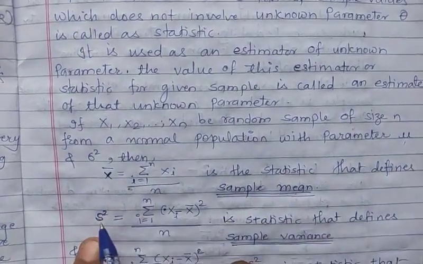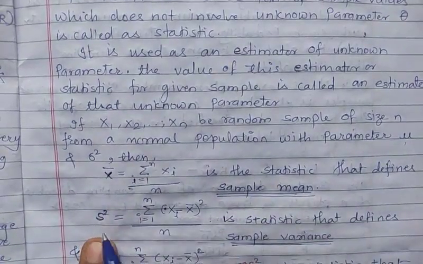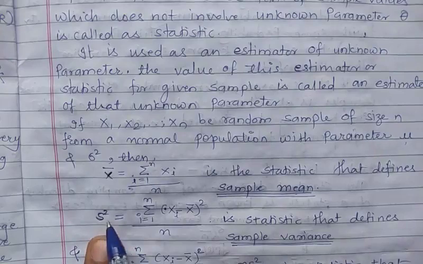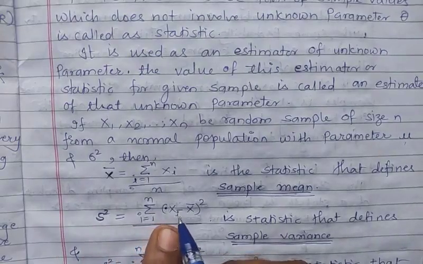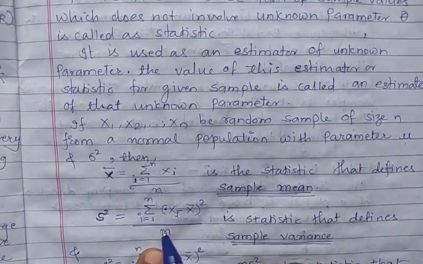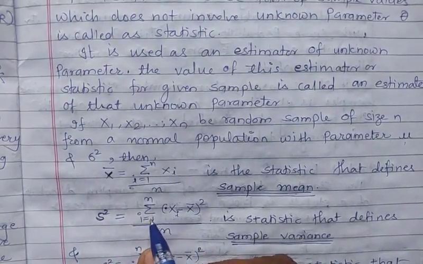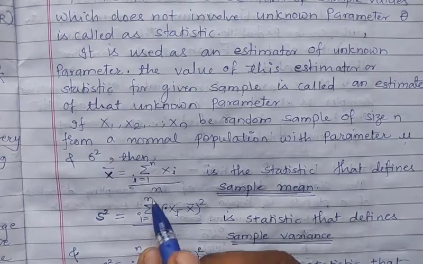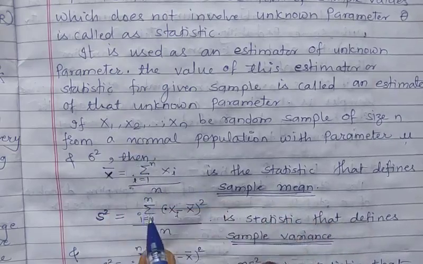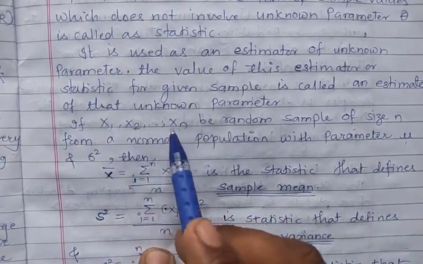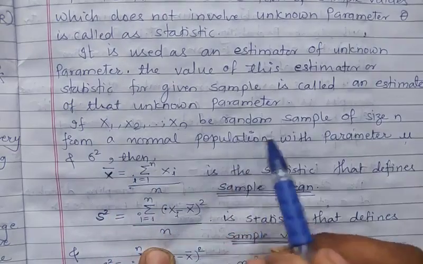Next, capital S square is called the sample variance. Sample variance is defined by the summation i from 1 to n of xi minus x bar, whole square, upon n. Here i runs from 1 to n, giving x1, x2 up to xn, a random sample of size n.